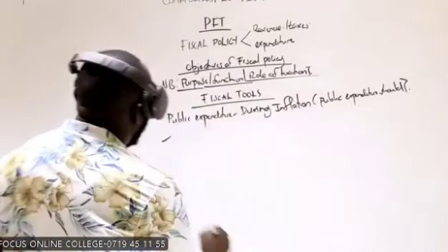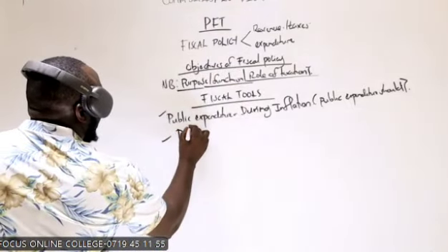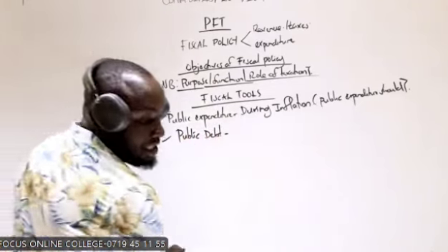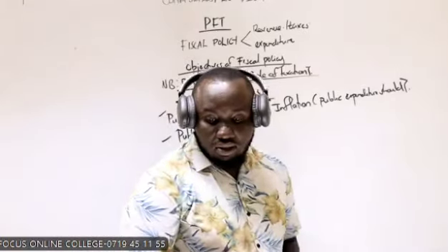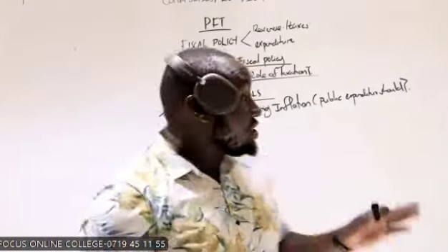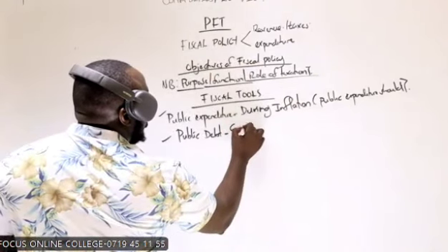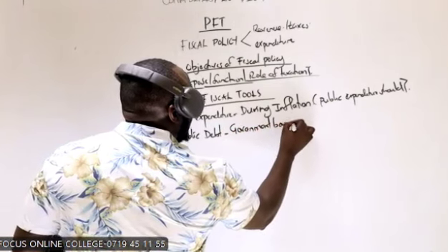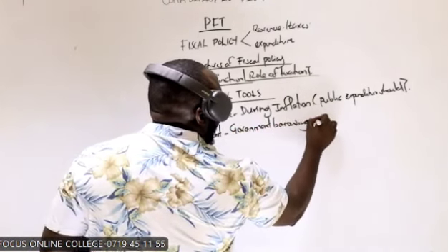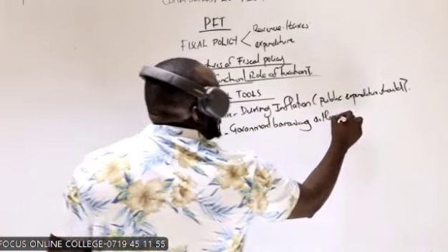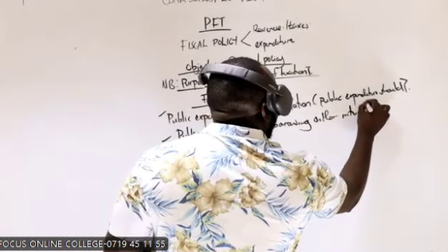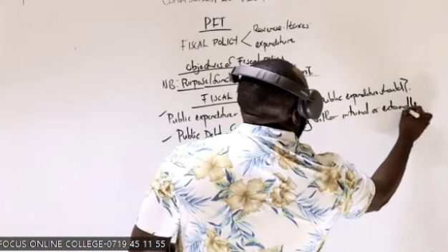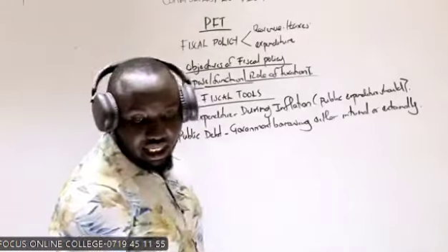And you have what you call the public debt. We did talk about public debt. This is what we call government borrowing, either internally or externally.